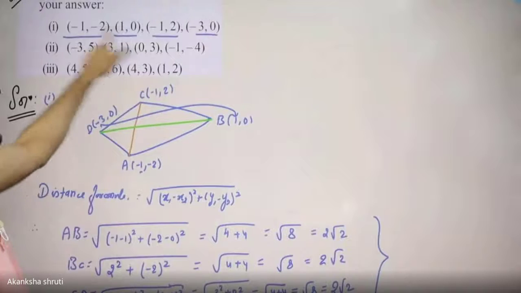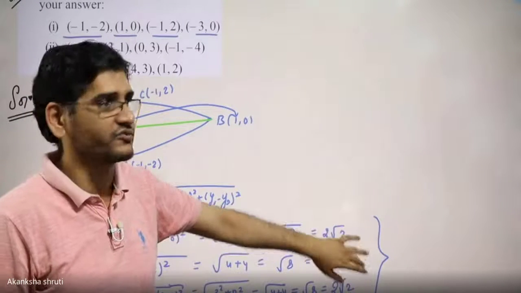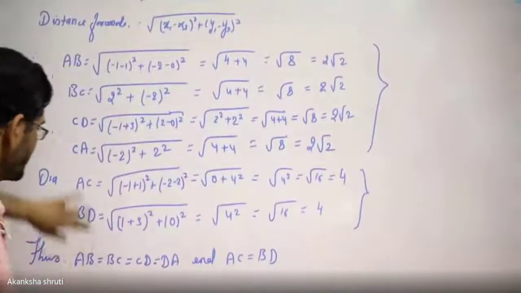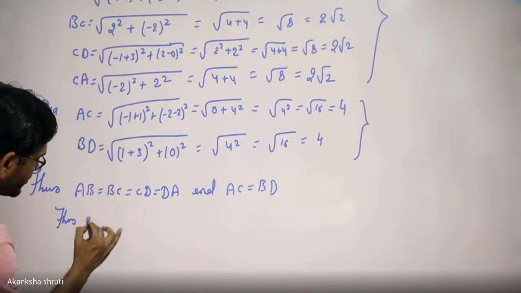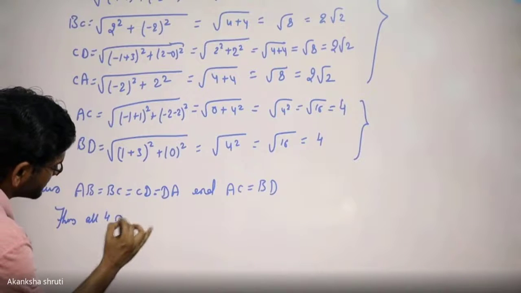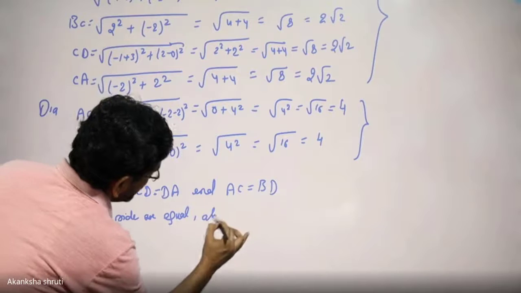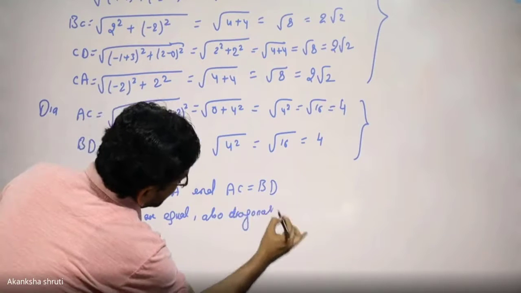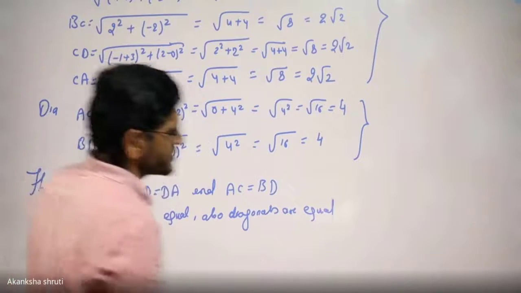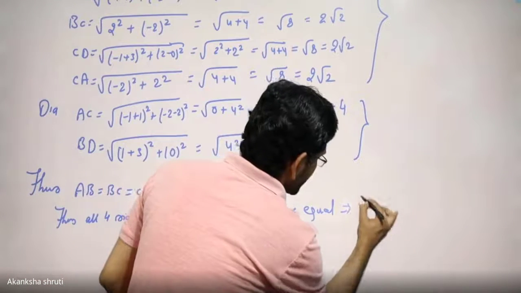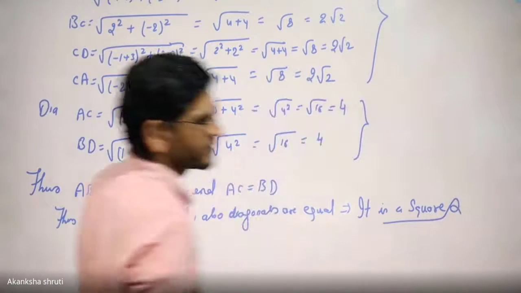You can take the names conveniently. So thus we can write all 4 sides are equal, also diagonals are equal. From this statement, it is a square. Okay students, this is the answer.